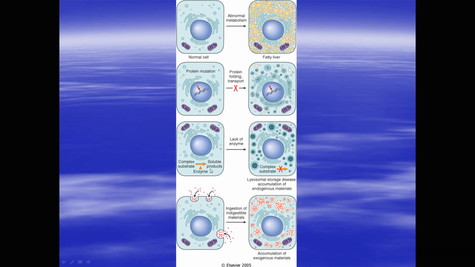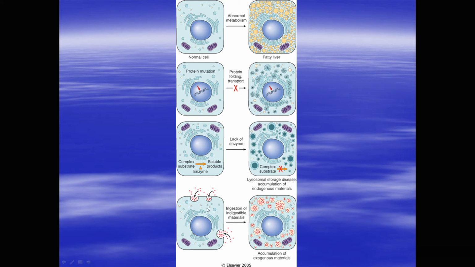Or another defective factor, a lack of enzyme due to some genetic defect again, so an enzyme acting on a complex substrate to produce a soluble product will not be effective. The substrate will accumulate in the cell and will damage the cell.